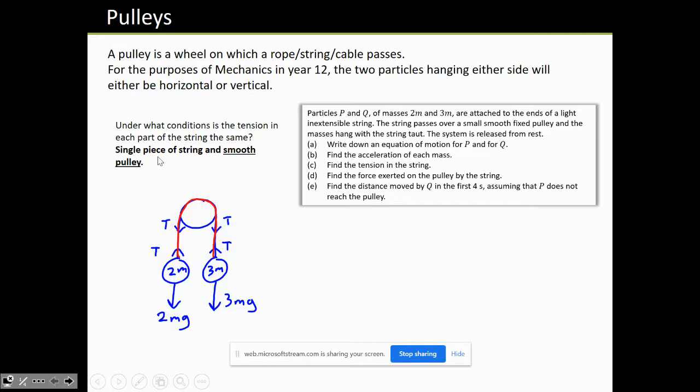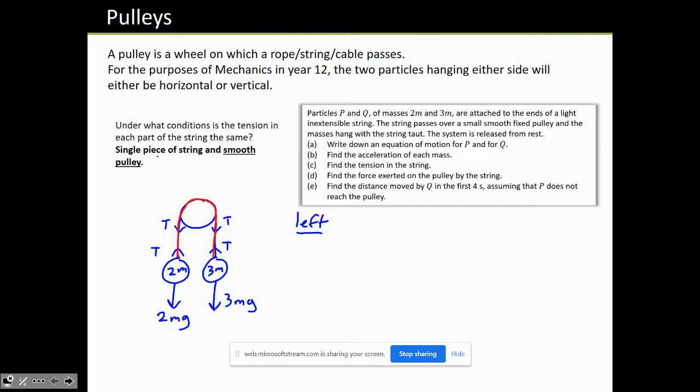We can think about this in two sections, or we can spread this out into a single section, which makes things interesting. So let's think about splitting this up first, because I think that's the most logical way of thinking about it when you first start this kind of thing. So can we write down an equation of motion for P and for Q?